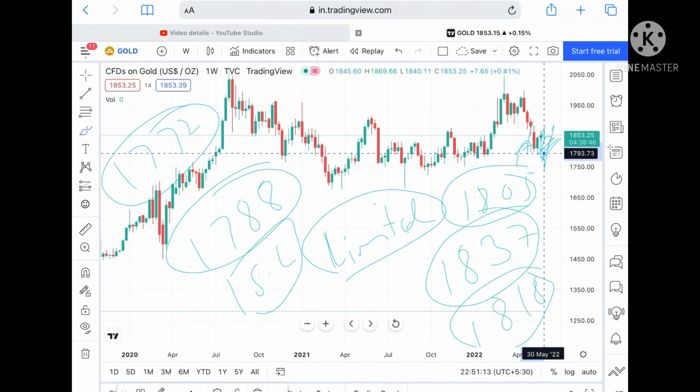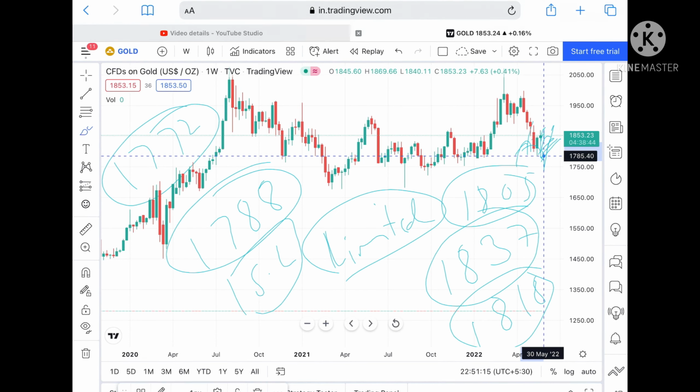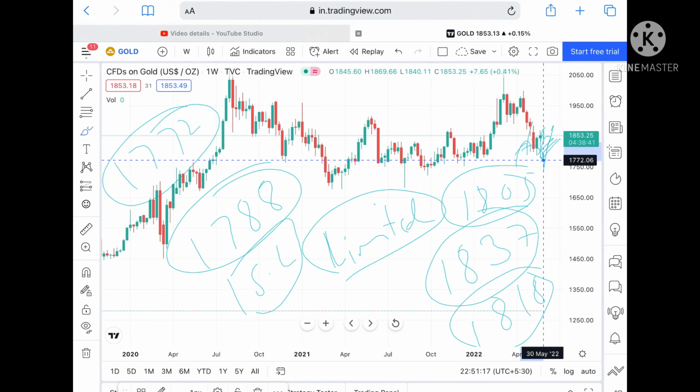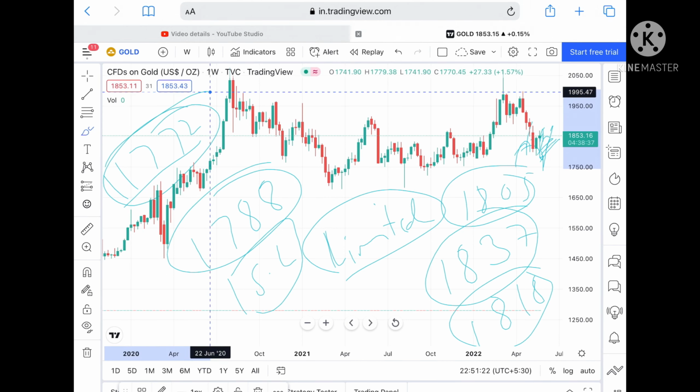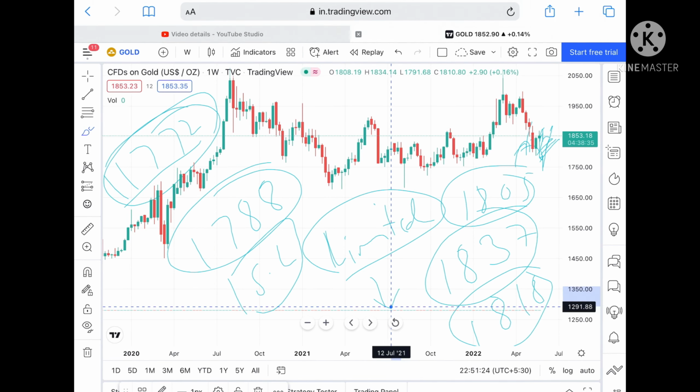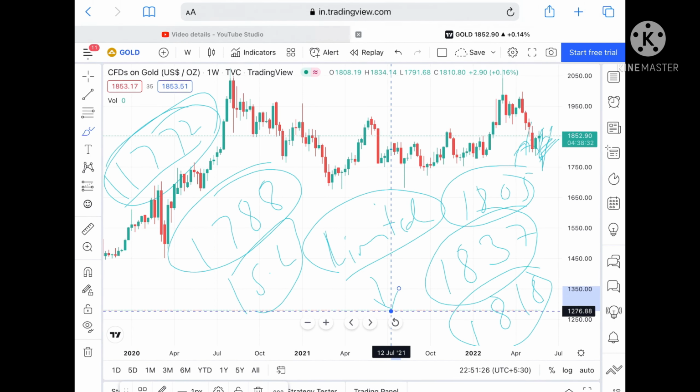If that level also doesn't sustain, then we can see a probability of touching 1785, and from there it can move further down towards a level of 1772. Once this level goes downside, the probability of going further down will be very high.